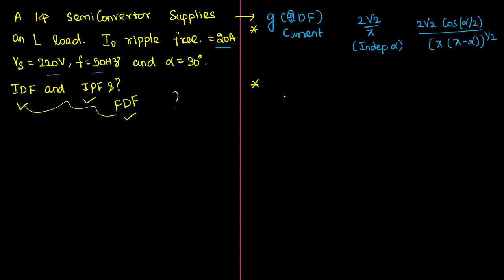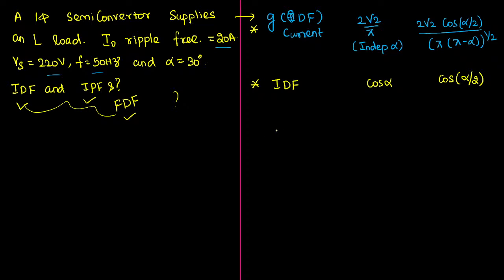So first, complete the current distortion. Then let me write the input displacement factor, that is IDF. Sir, how do I calculate the value of this input displacement factor? In case of full converter, it will be simply equal to cos alpha. If you go with the semiconverter, it will be cos of alpha by 2.